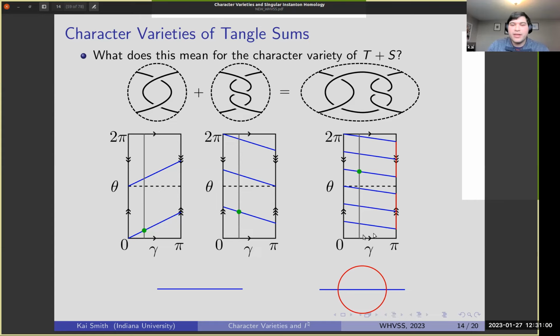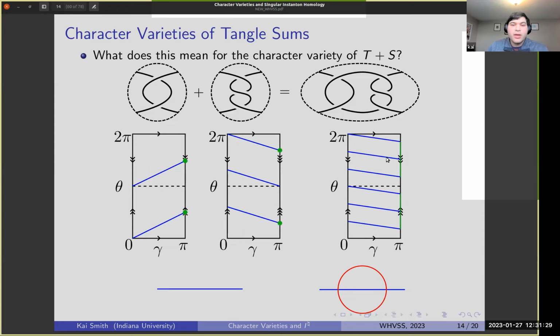And then the resulting theta value here is sort of the negation of that. So we take that value and start from the top and go down, and we get this here. So, there were two possible representations here, three possible representations here with this gamma value. So putting all the different combinations together, we get 6 at the same gamma value in the tangle sum. So this explains where the blue part of this character variety comes from.